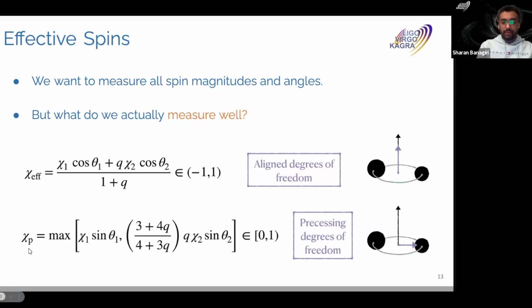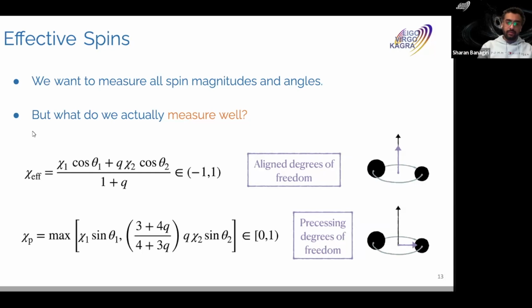The other spin parameter is the effective precessing spin, which captures the degree of spin in the plane of the binary. And these are spin parameters that we tend to measure better than component spins in general.